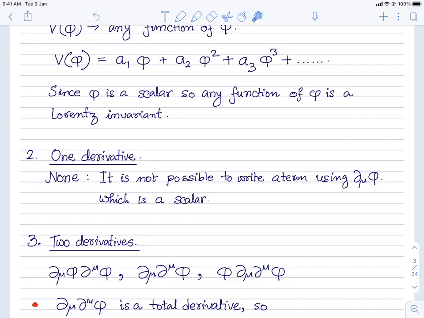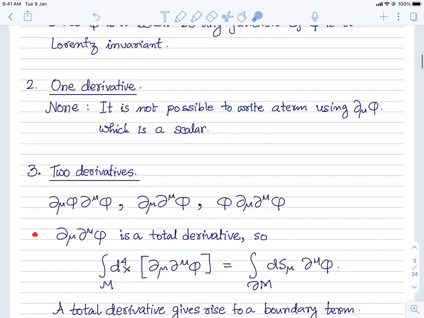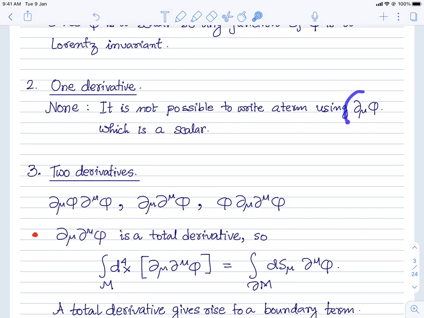See how powerful it is. We are already ruling out a lot of terms when we say there cannot be terms with one derivative. Now at the two derivative level, there can be many terms if we allowed the derivatives to be written separately, as I said, like time derivative and space derivative separately.